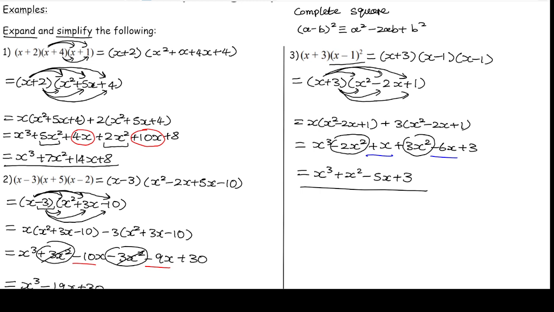Usually we would end up with a maximum of 4 terms for expanding triple brackets, where each of the brackets contains just x as the term with the highest power. But that can differ if we have multiple terms in each bracket.